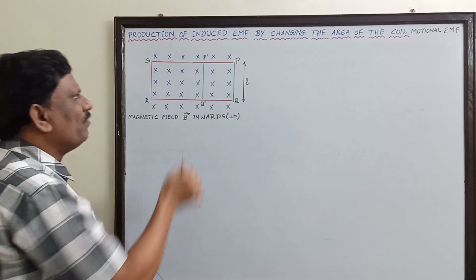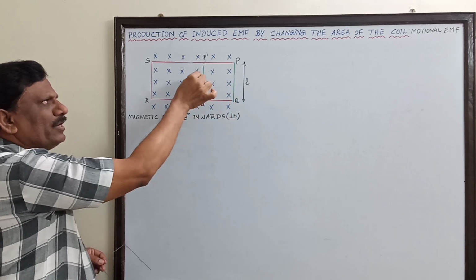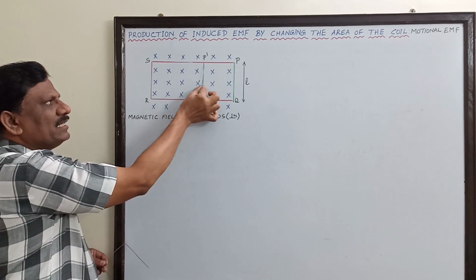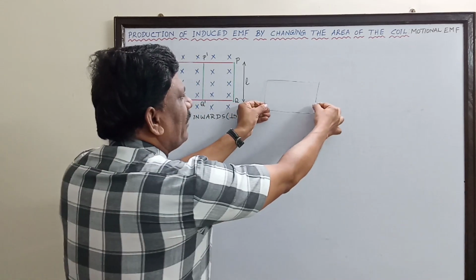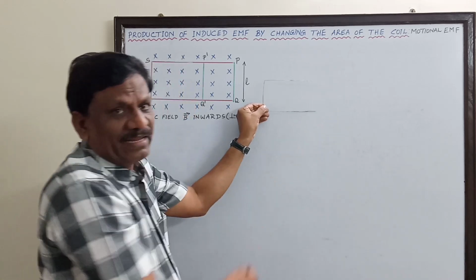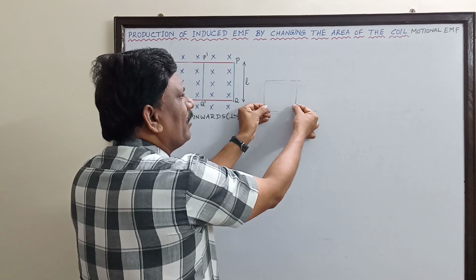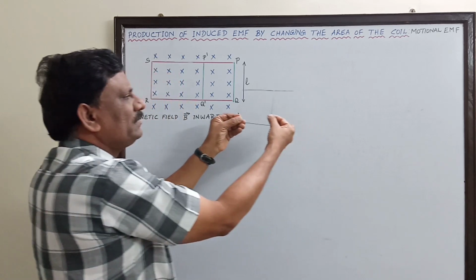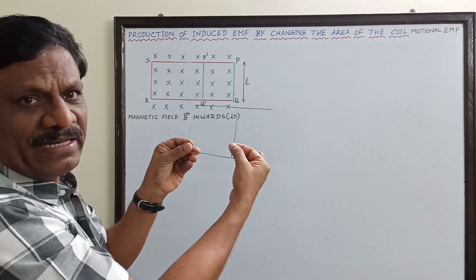So now when I place the portion PQ at the new portion P dash Q dash, the area has decreased. Initially it had a larger area. This larger area was associated with the magnetic flux. When I move this portion inward, only a smaller closed loop remains, and only that smaller portion is associated with the magnetic field.